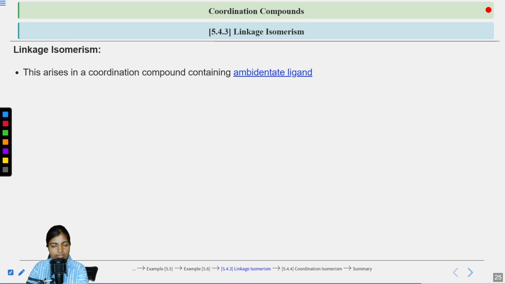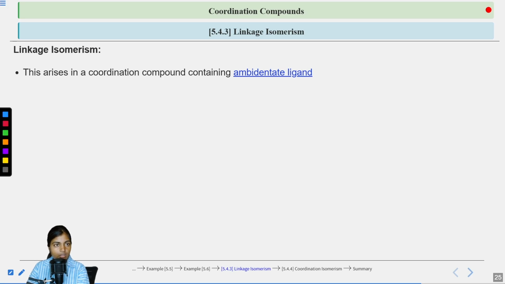Now what is an ambidentate ligand? We have studied about it. If in a ligand there are two donor atoms which can bind to the central metal ion, then that ligand is considered an ambidentate ligand.